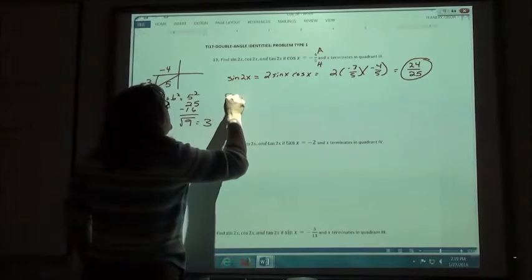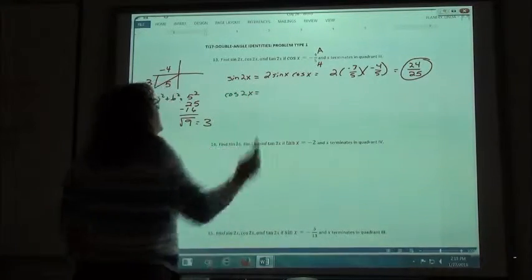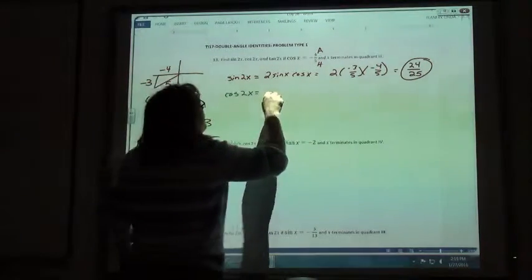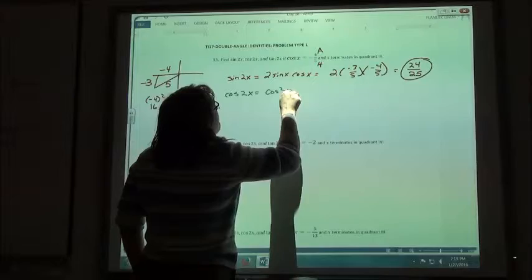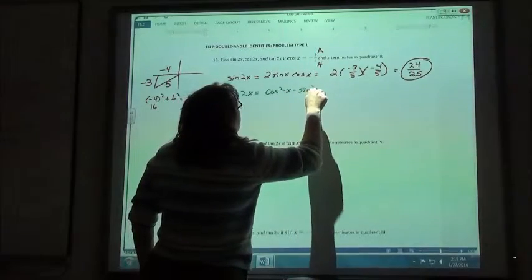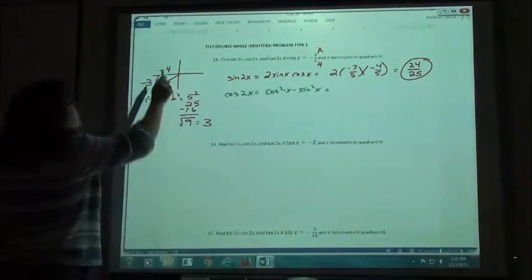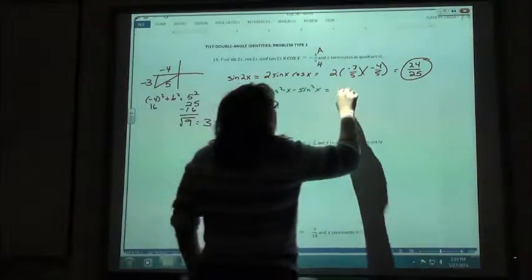Then I am going to do the cosine of 2x. Again, you can use any one of the 3 formulas. I'm going to use cosine squared minus sine squared. So, the cosine was negative 4/5.